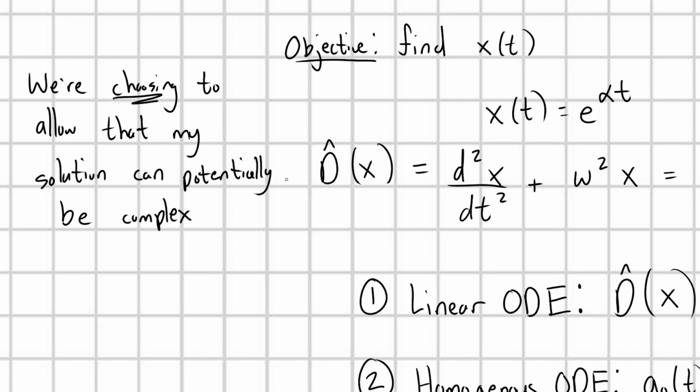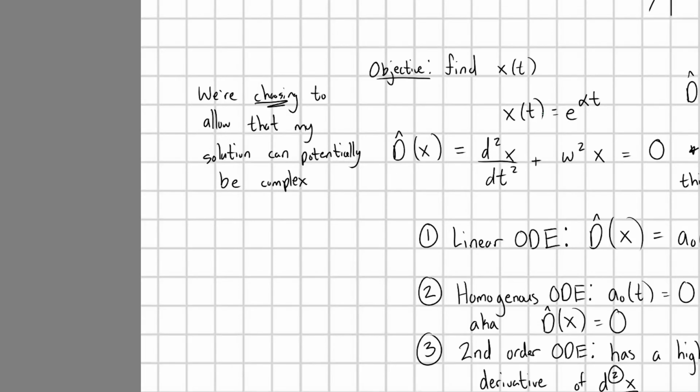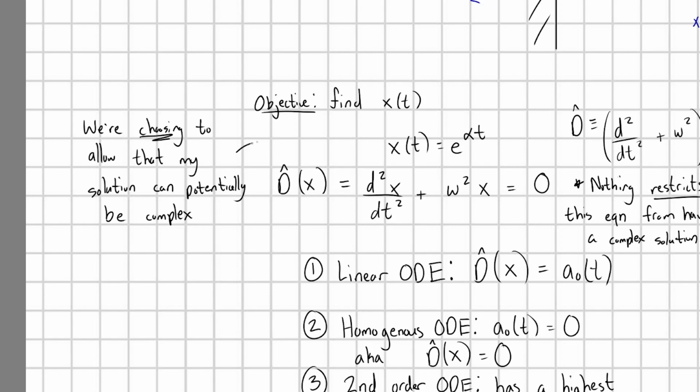Why would we choose to allow that my solution could be complex? I'll tell you why. Because we want to use this extremely general ansatz here, x of t equals e to the alpha t. It makes our life 1,000 times easier to just think of this one ansatz. We could come up with another ansatz that would satisfy this differential equation, and it wouldn't give us a complex answer either. We could absolutely do that.